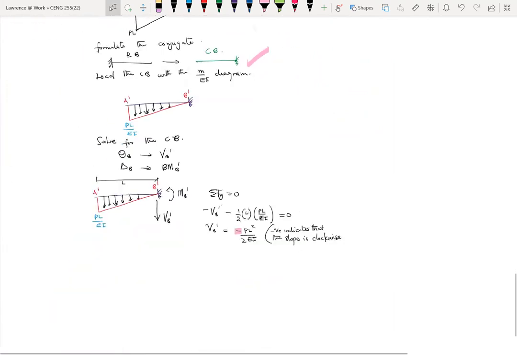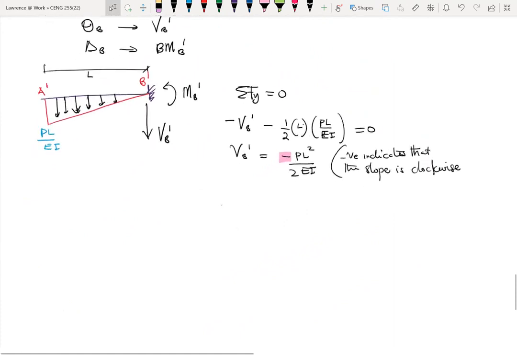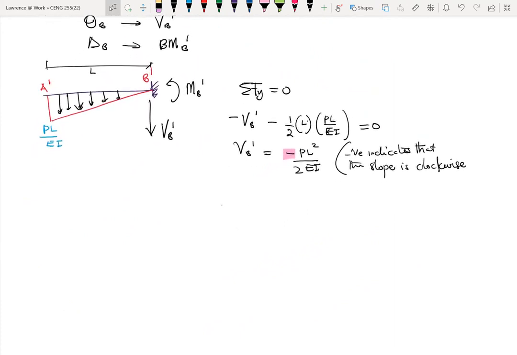Okay. The next thing is to find the moment MB. So let's say summation of moment at B prime equals 0. So MB prime plus the moment due to the triangular load. Okay. And the moment is simply the area times the perpendicular distance between the centroid of the triangle to B prime.